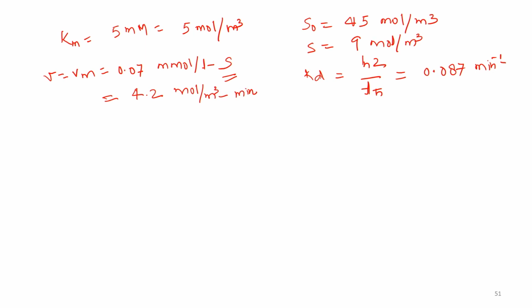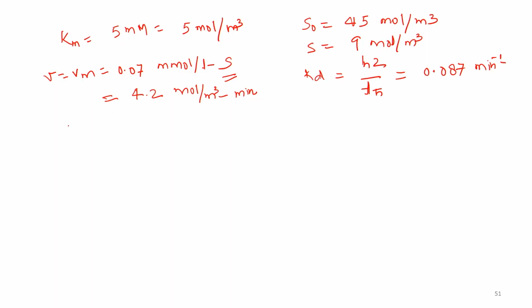Now, if you consider there is no deactivation of enzyme, we can easily calculate. If you remember the equation, that was Km ln S naught upon S plus S naught minus S equals V max into T, and from here all the parameters are given.